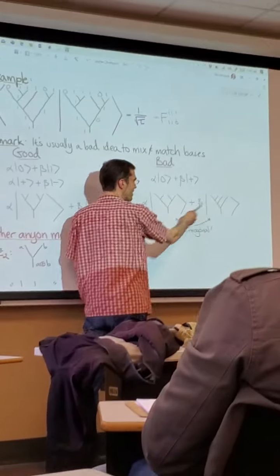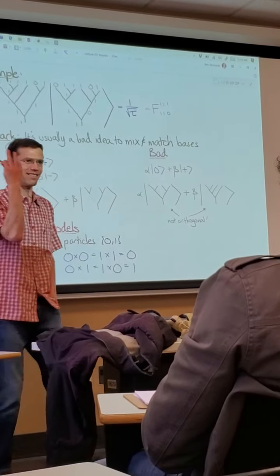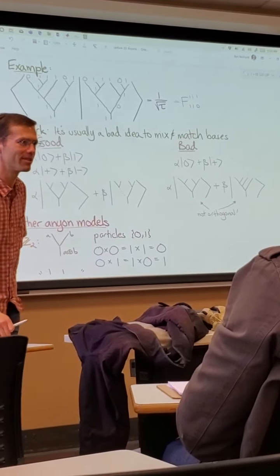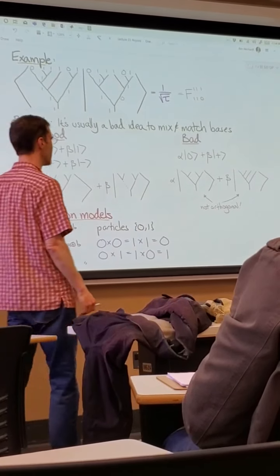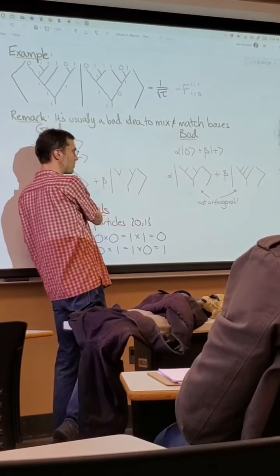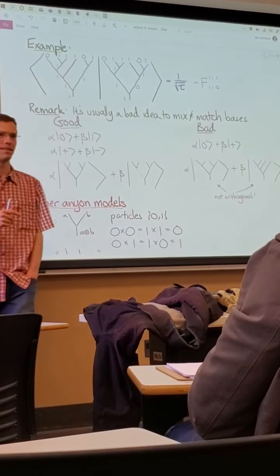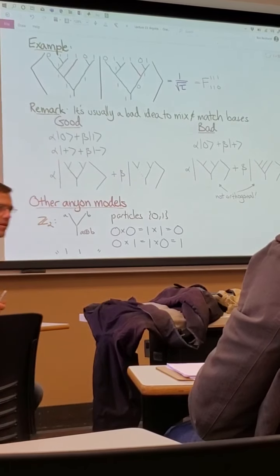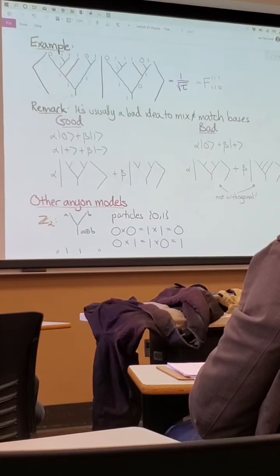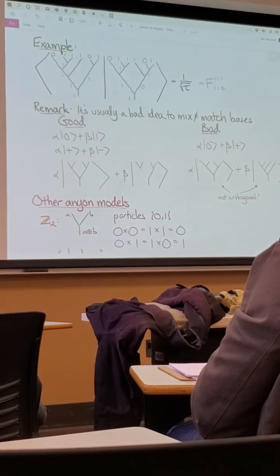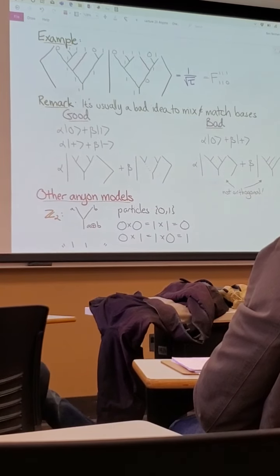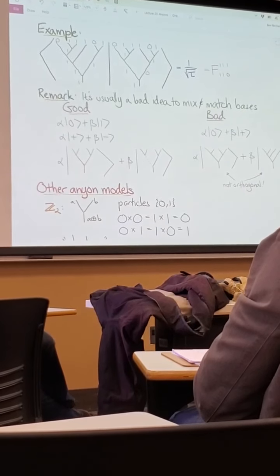It does make sense to talk about superposition between things in different bases, but that would be really weird. So you always fix one fusion order, and you use that for your whole computation, or at least you'll keep it the same within any line of your computation. You'll only use one basis.